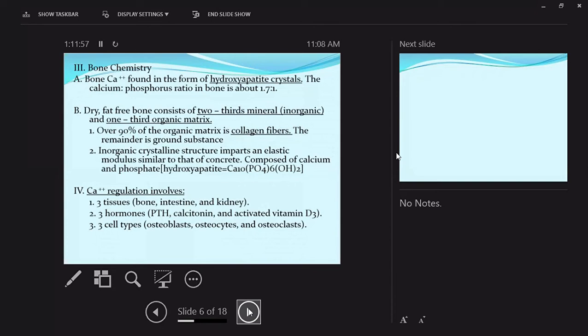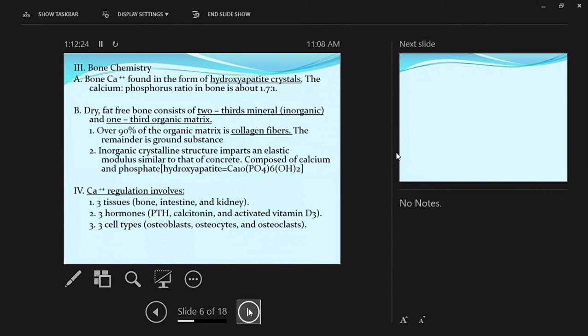These collagen molecules are called your monomers. And so these collagen monomers polymerize rapidly to form your collagen fibers. And so now these are called your osteoid. They are cartilage-like materials, your osteoid.